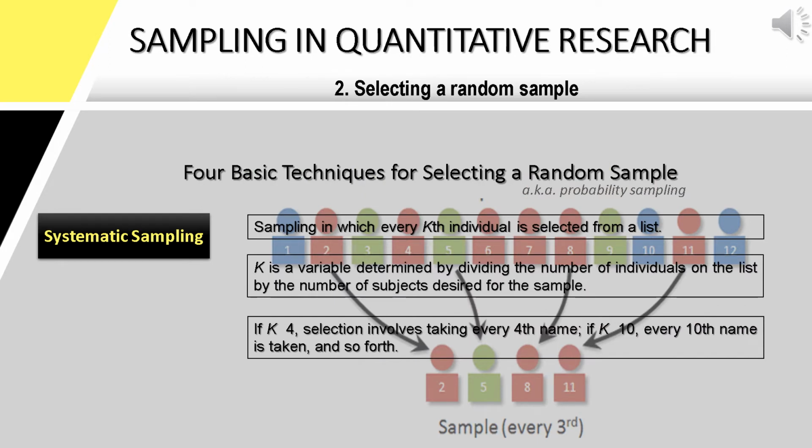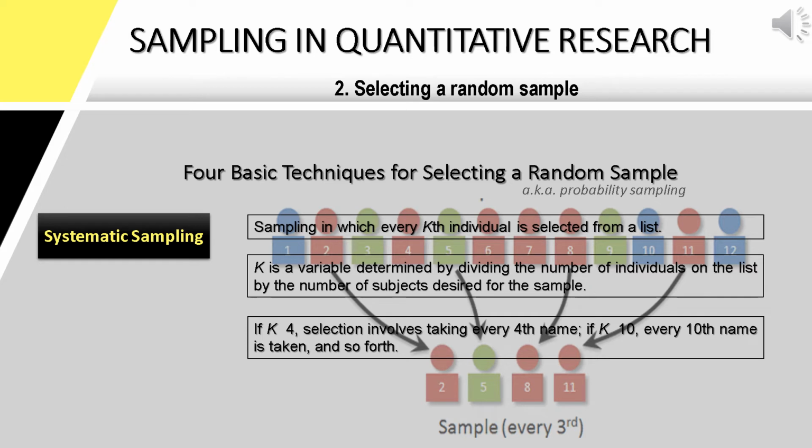So, systematic sampling is a sampling in which every nth individual is selected from the list. So, for example, we have a random list here, say 100 students. Dito sa systematic sampling, every 5th student will be selected: 5, 10, 15, 20, 25, 30, 35, 40.